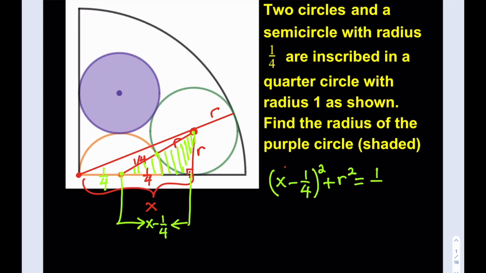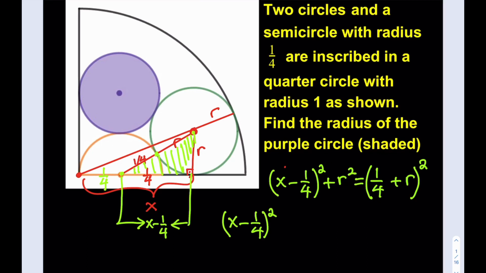Awesome. So this basically gives you what? A relationship between X and R, and what you can do is you can actually simplify this expression, right? Well, R squared is going to cancel out, so you'll hopefully get a simpler expression from here. So let's simplify this a little bit. This is going to give us X minus 1/4 squared.